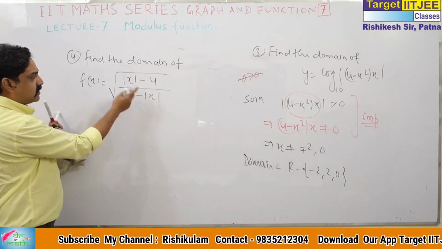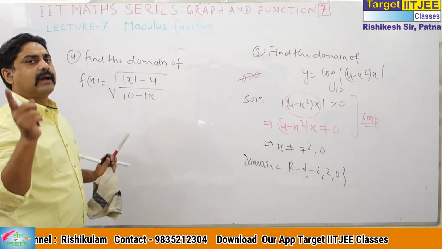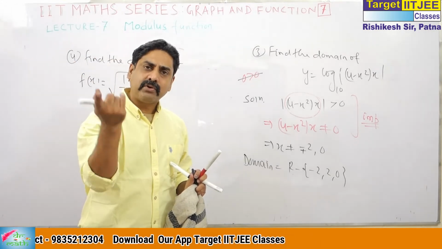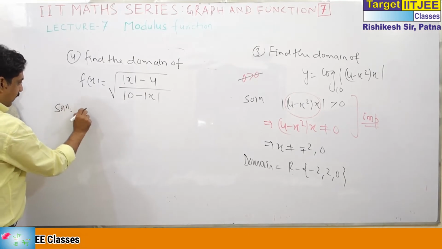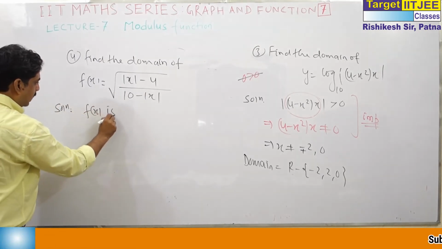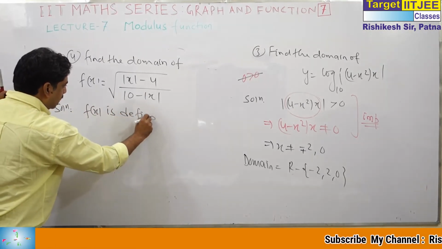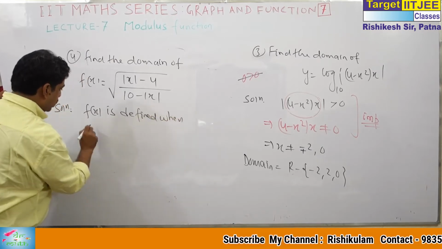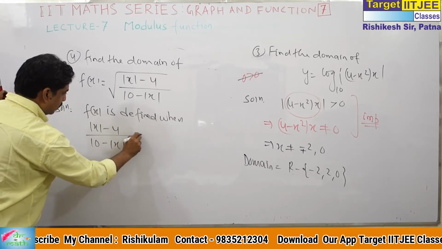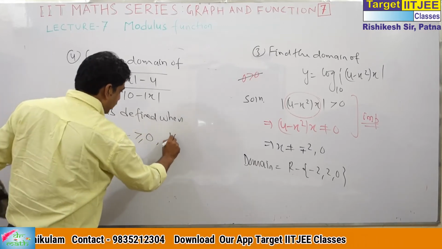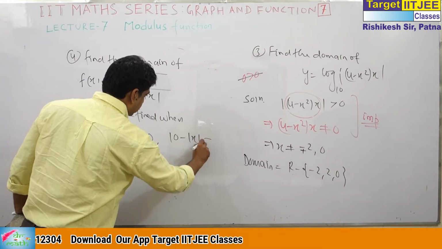Because mod has no condition. The condition occurs due to the square root. So the condition is: f(x) is defined when mod x minus 4 by 10 minus mod x should be greater than or equal to 0, and you can also write this is not equal to 0.